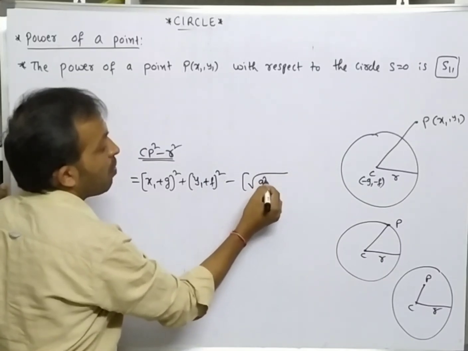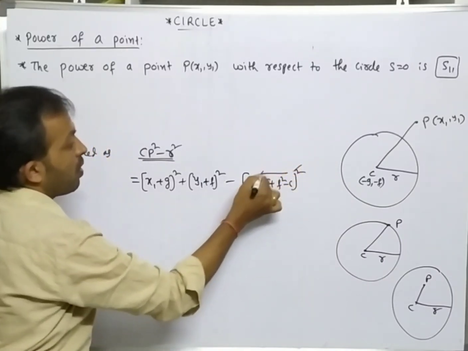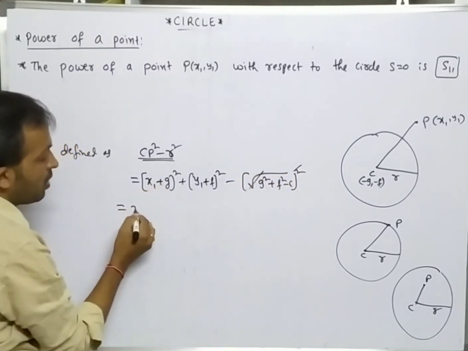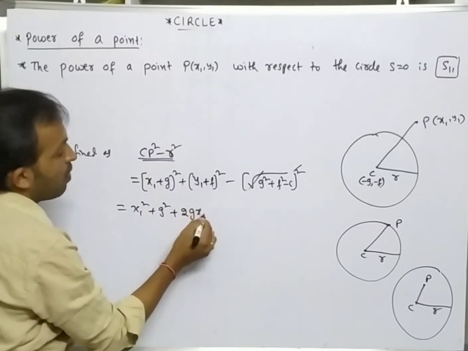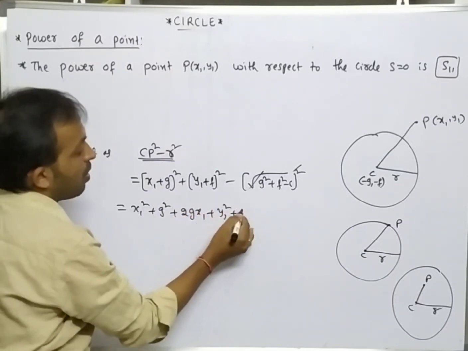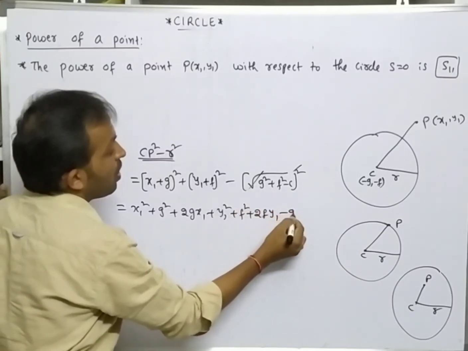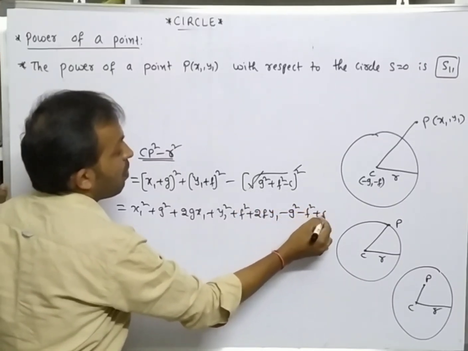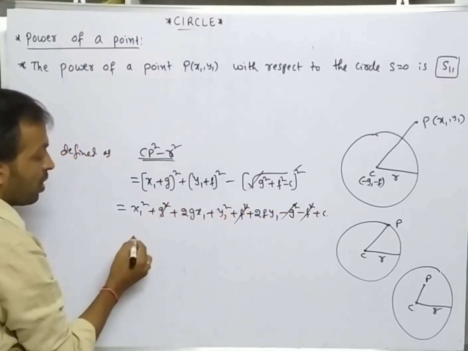The radius formula is square root of g square plus f square minus c, so the square root cancels. Now expand it: x1 square plus g square plus 2g x1, y1 square plus f square plus 2f y1, minus g square minus f square plus c. So g square and f square get cancelled.